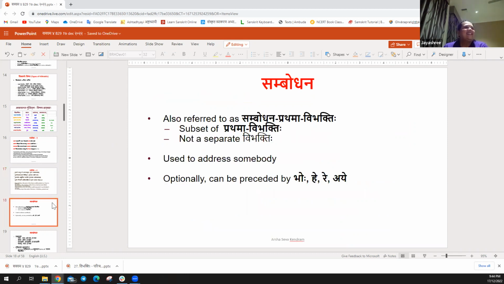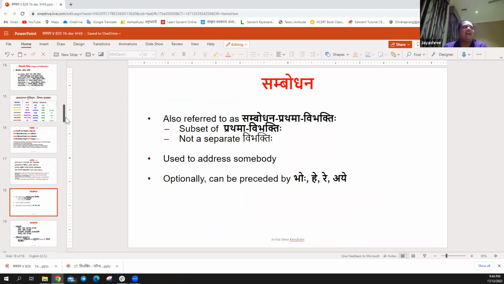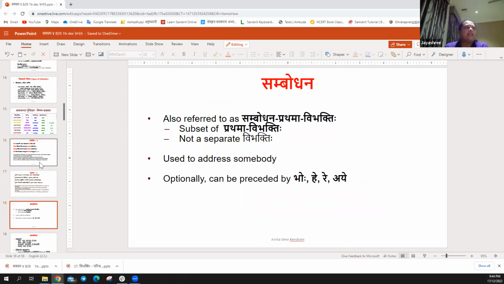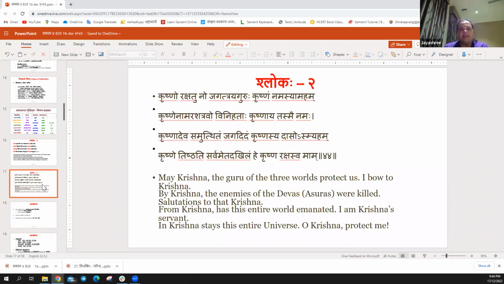All right. So next is Sambodhana. I went to Sambodhana because Prathama Vibhakti we almost know about, the Karta. Krishna is in the first Vibhakti. Krishno Rakshatu. Next is Krishnam, the Dvitiya Vibhakti. Namasyamaha.